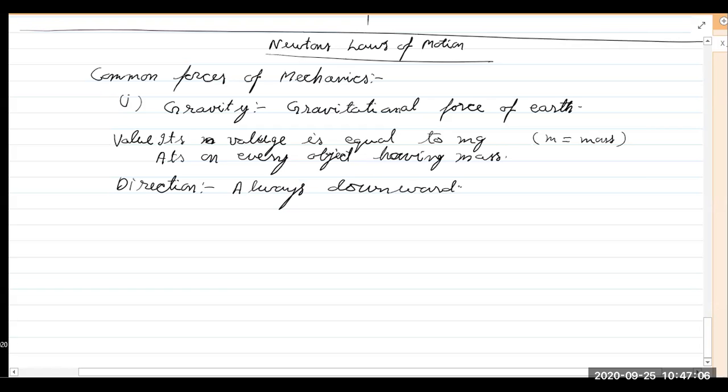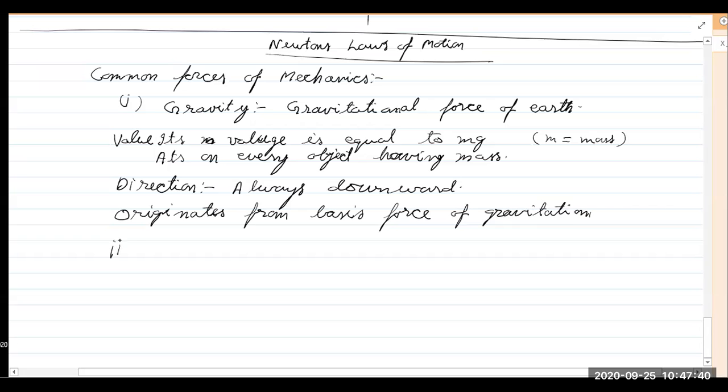And from which basic force is it coming? It originates from the basic force of gravitation. These are the main things we should know about the force of gravity.